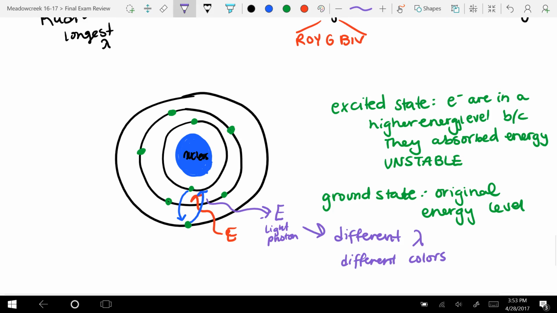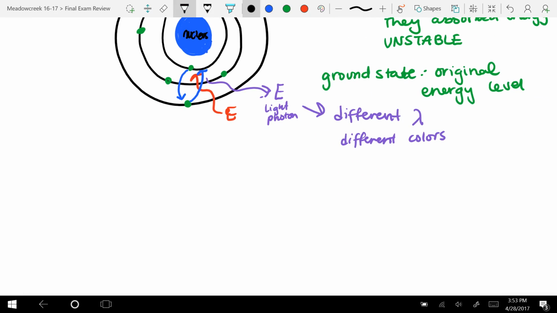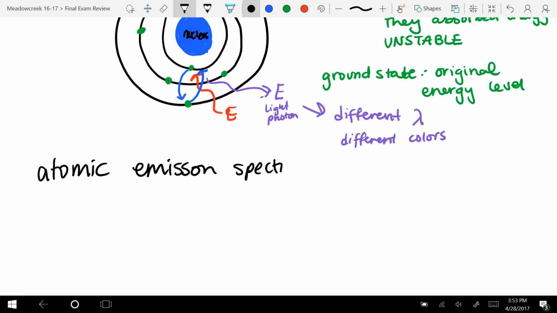Now this creates what we call the atomic emission spectrum. This is essentially the fingerprint of an atom, and what that means is each atomic emission spectrum is unique to each atom.